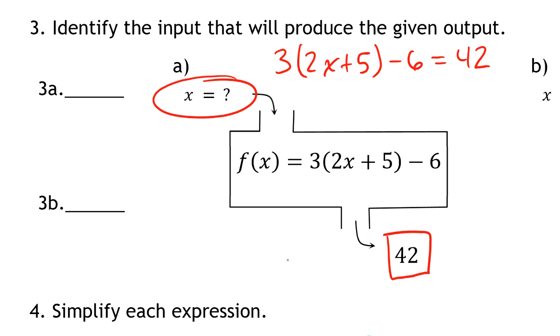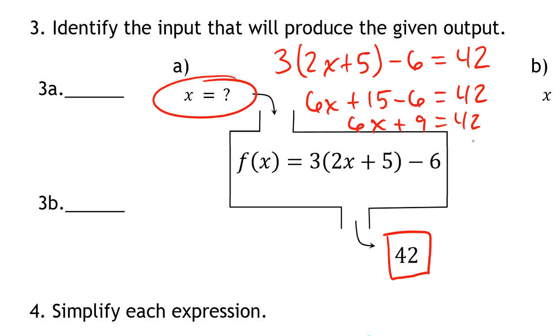So the distributive property here, this becomes 6x plus 15 minus 6 is 42. When I combine the 6 times x, and I combine the positive 15 and the negative 6, we get positive 9. So this is 6 times x plus 9 equals 42.